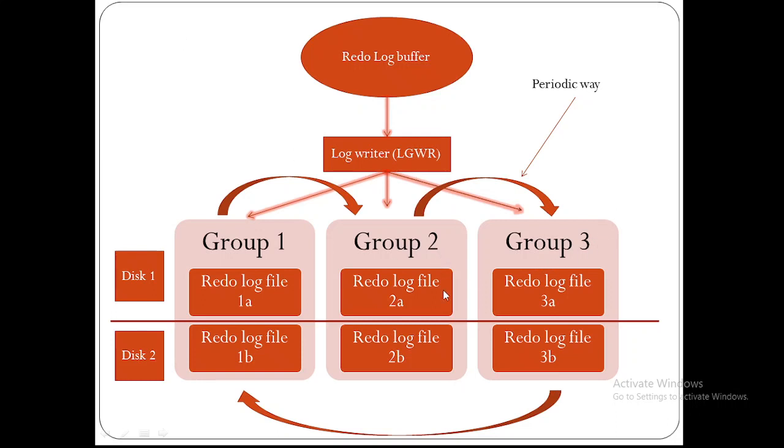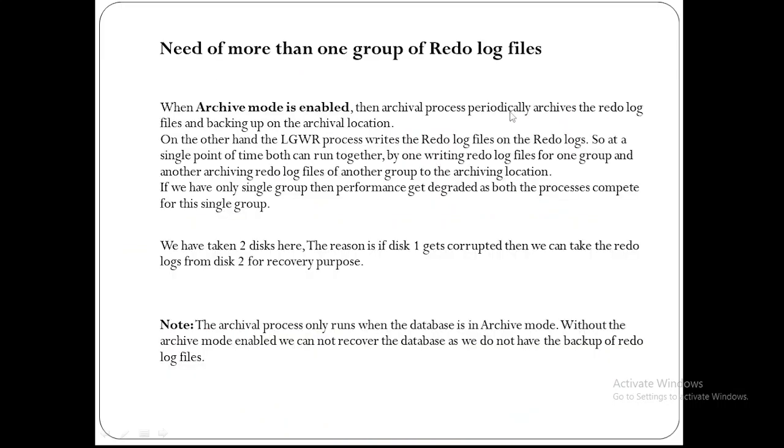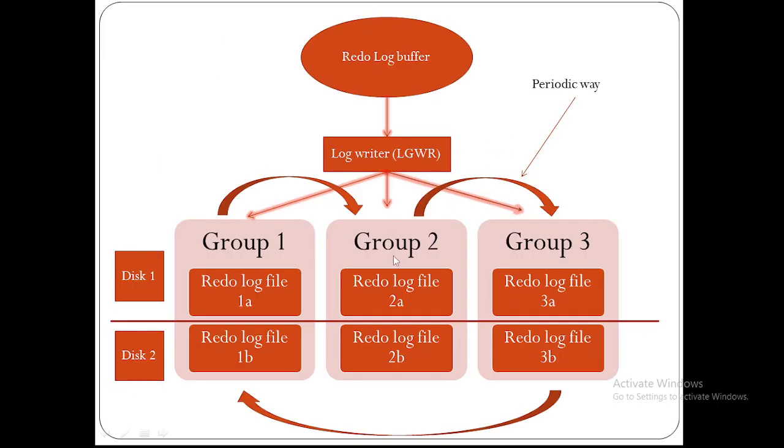Or if this one gets full, the log writer moves to group 1, and then the archival process archives the files from group 2 to the archived location. So this is the use of groups when we are using archival mode.